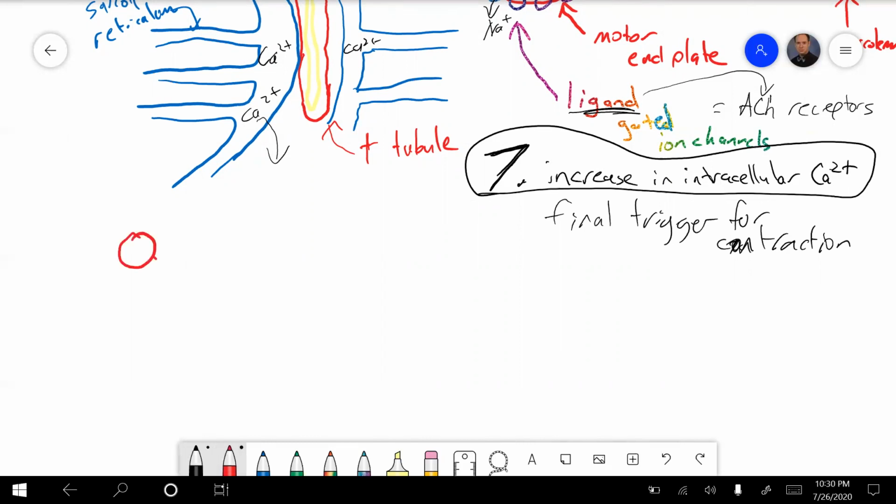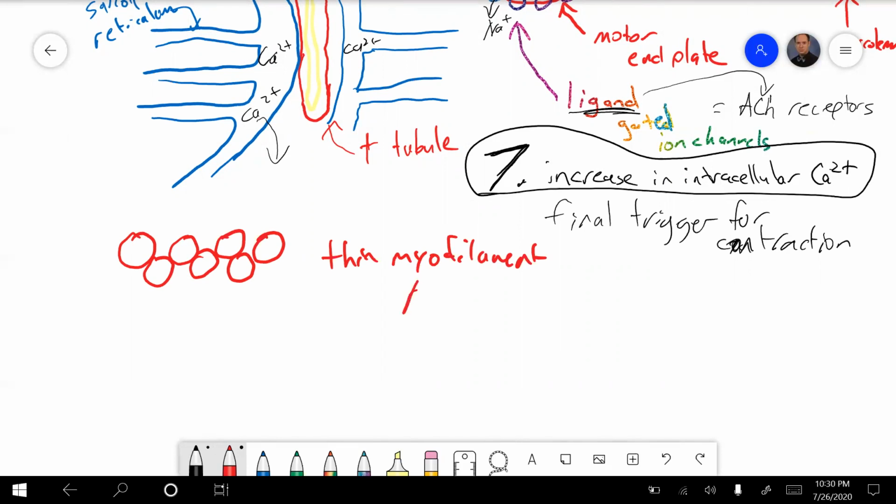So here is a close-up view of our thin myofilament. A thin myofilament is made of a protein called actin. So you'll see it referred to as the actin myofilament. Actin's always very sad. The little sad face places on actin are called binding sites.